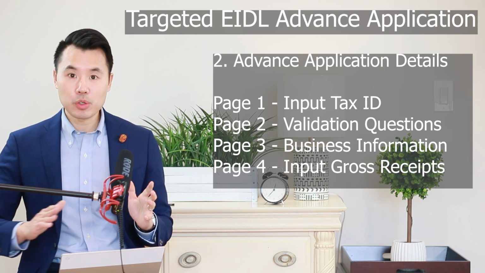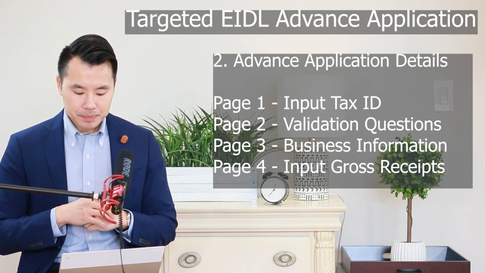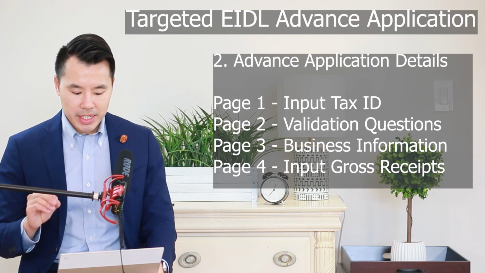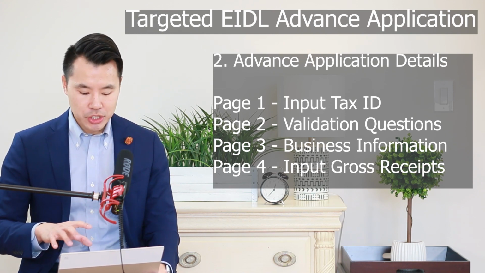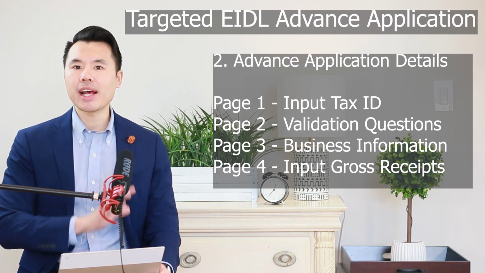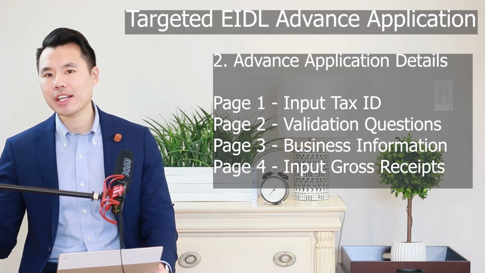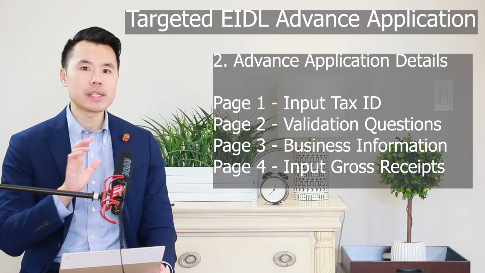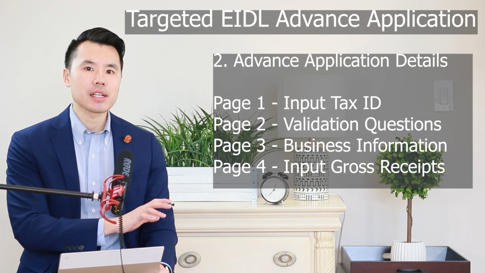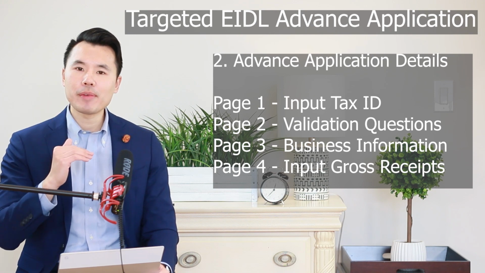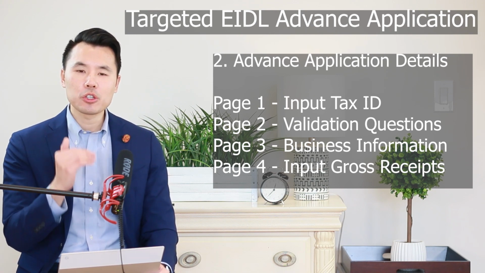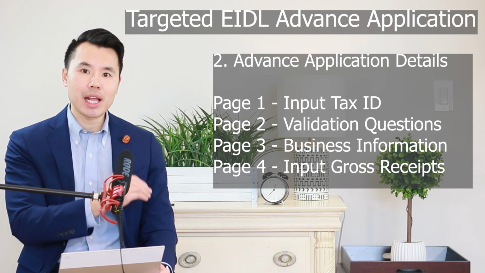Once you do that and you go to the next page, the third page, it's going to ask you to confirm the information provided in your original EIDL application. Okay, so remember, the SBA has that information because the only reason they're contacting you now is because you've already submitted an EIDL application in the past. This third page is going to show the contact information, the business information that you included in your original EIDL application.